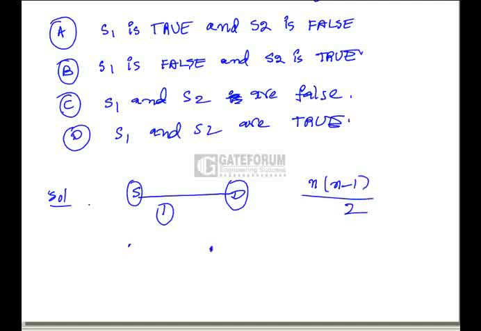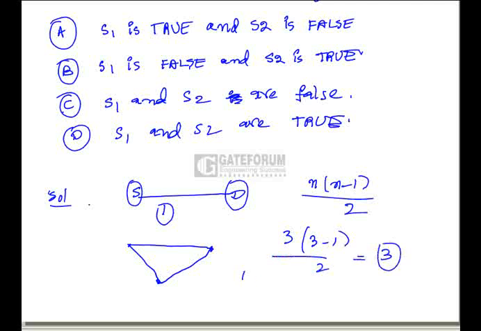If you have three users, for example, these two people will have one key, these two will have one key, and these two will have one key. So there are three keys, that is 3 into 3 minus 1 by 2, which is 3. When you use 4 users, 4 into 3 by 2, a total of 6 keys are required. So for every pair we should have one common shared secret key in symmetric cryptography. So statement S1 is false, because we require n into n minus 1 by 2 keys.